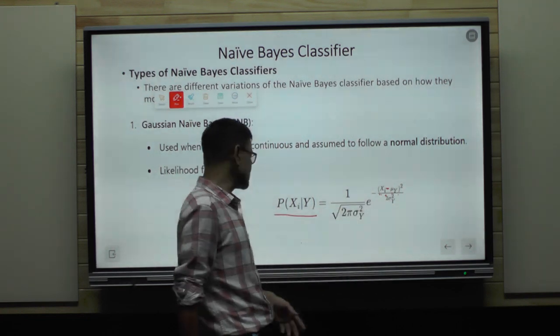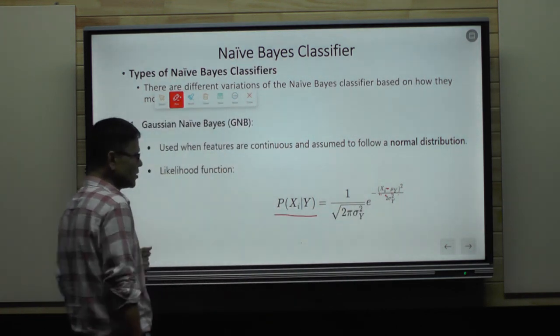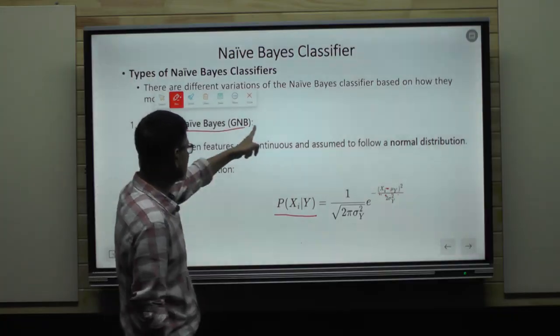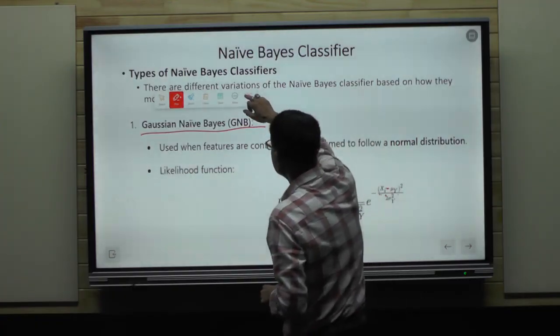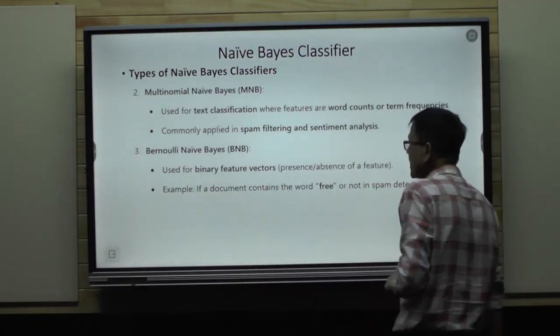Sigma square is the variance and mu is the mean. So this is the Gaussian variant of the naive Bayes classifier.